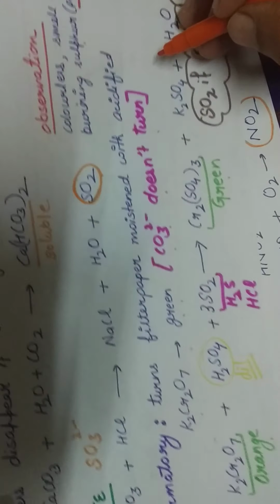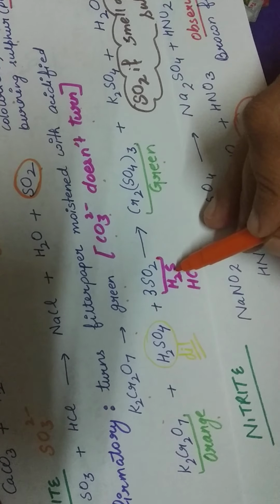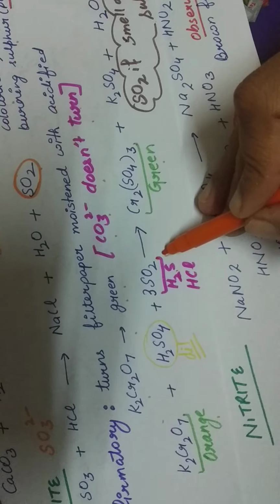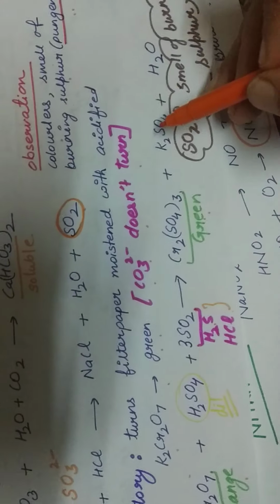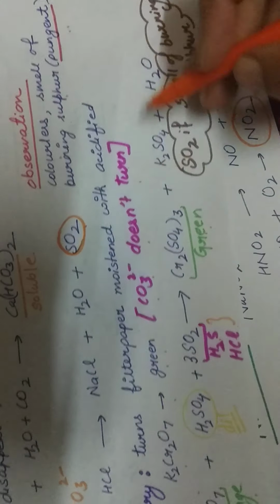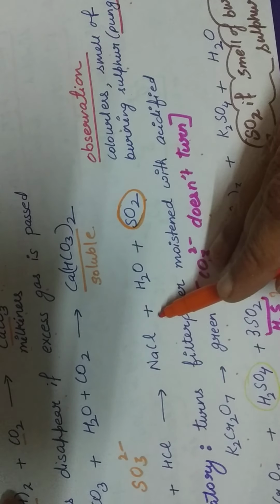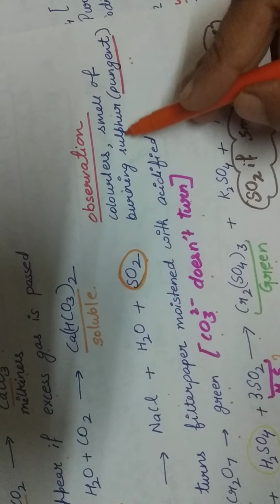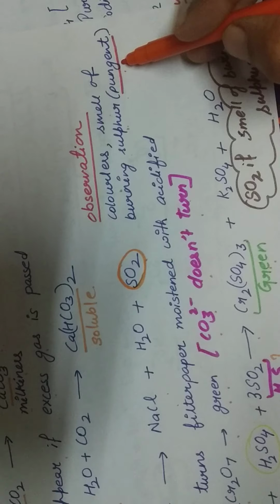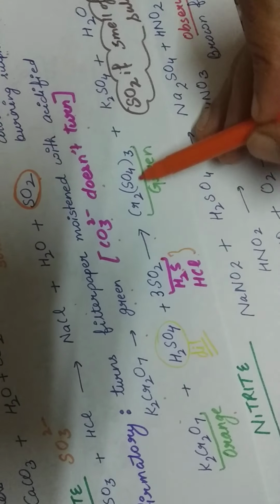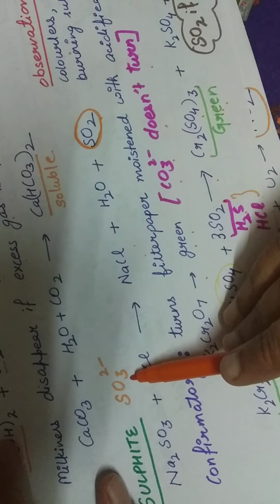Now, just like sulfur dioxide gas, H2S and HCl also turn this green. So what is the identification when we carry out this test? If we add dilute HCl, the smell of burning sulfur or a pungent smelling gas is observed, and then if it turns green, it means the sulfite radical is there.